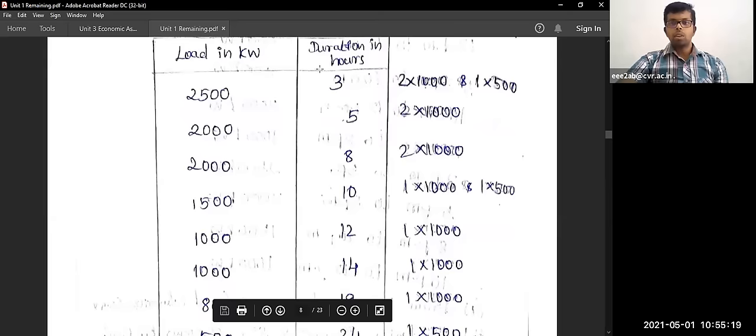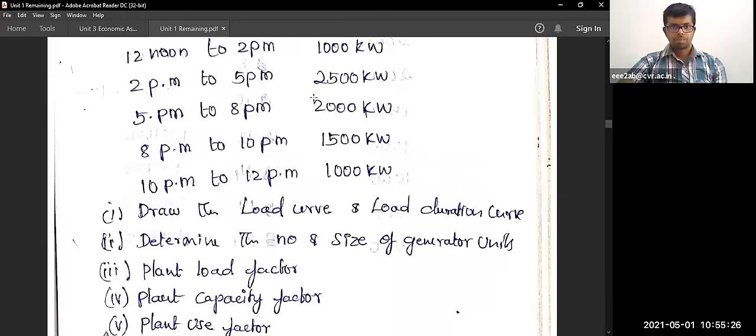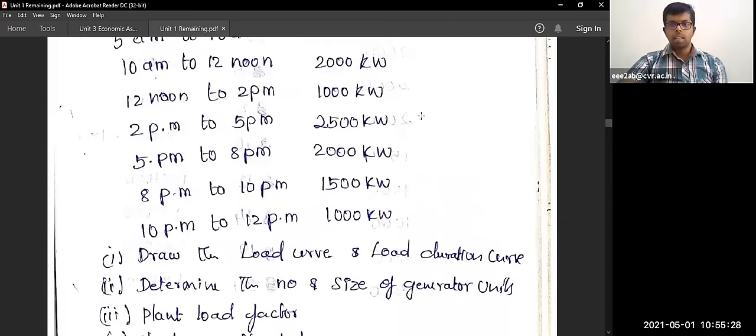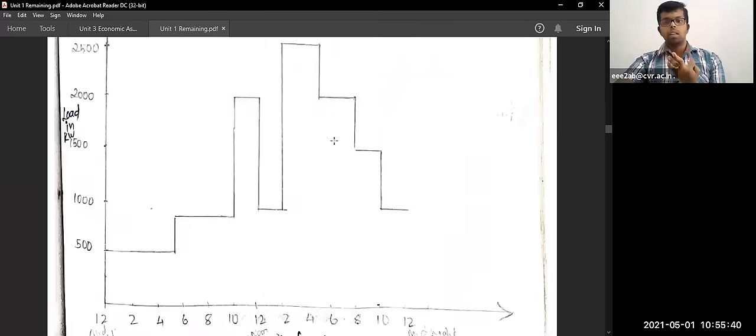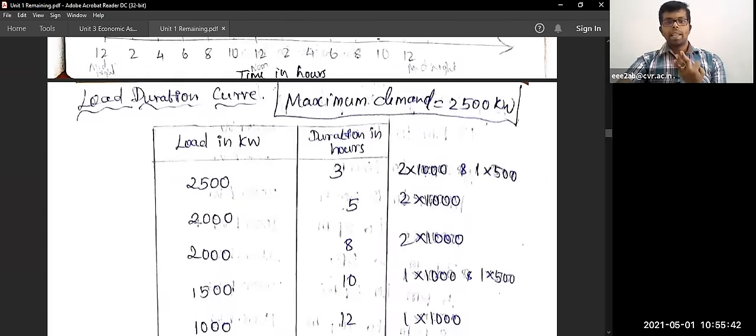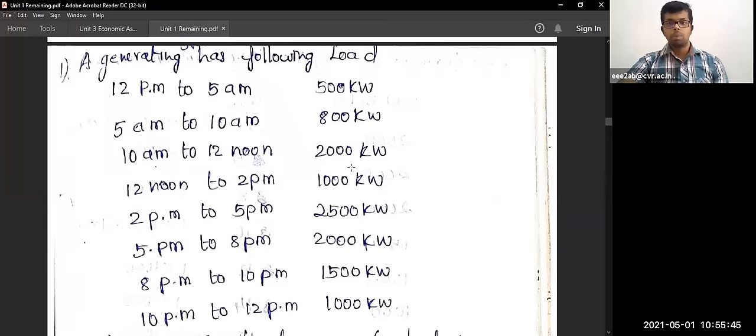Next, write the duration in hours. 2500 kilowatt remains for how many hours? From 2 p.m. to 5 p.m., that is 3 hours, so we write 3. Next, 2000 remains for how many hours? From 10 to 12, that is 2 hours.